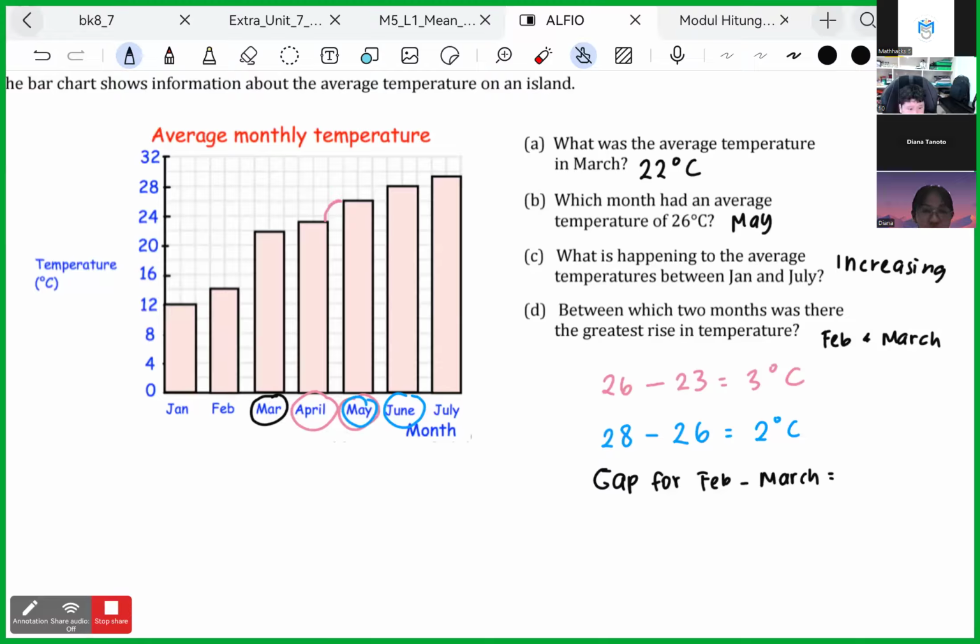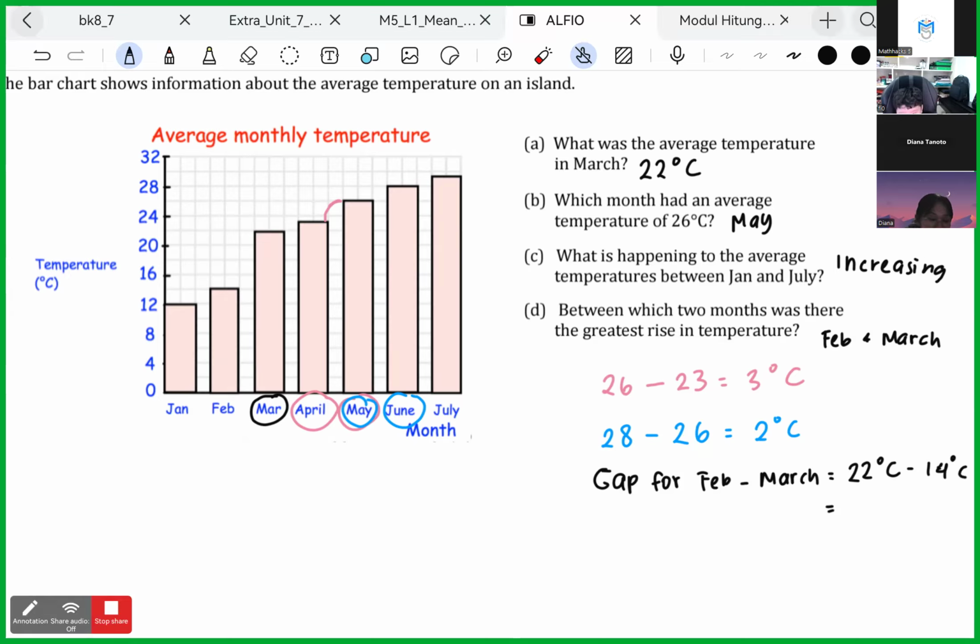The temperature in March is 22. Yes, 22. How about in February? 14. Okay, so 22 minus 14.